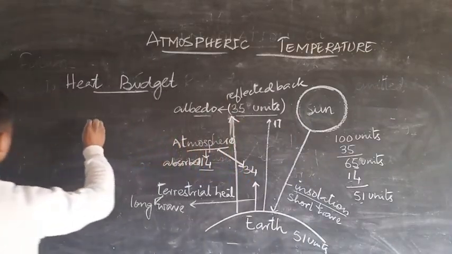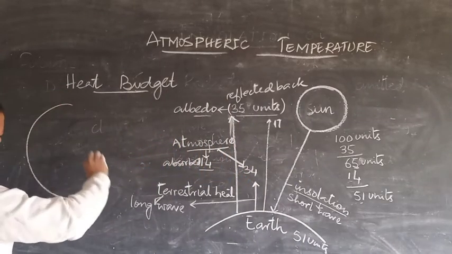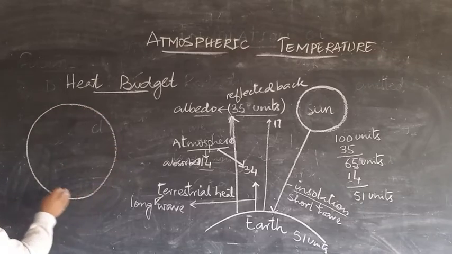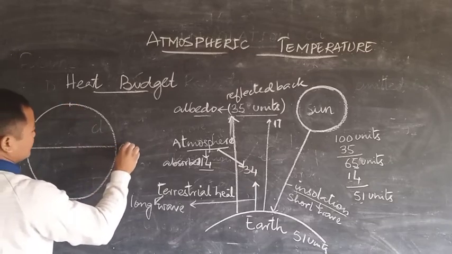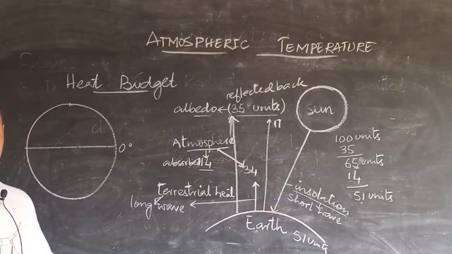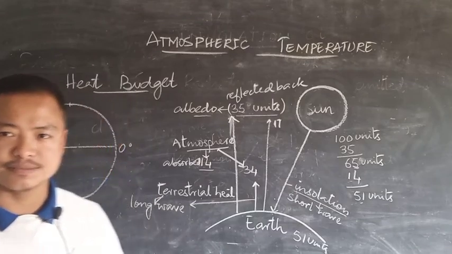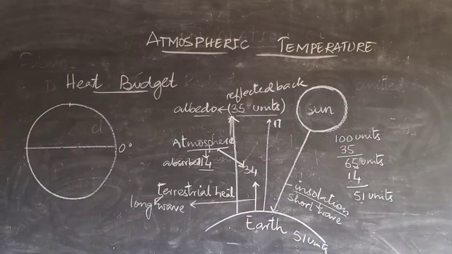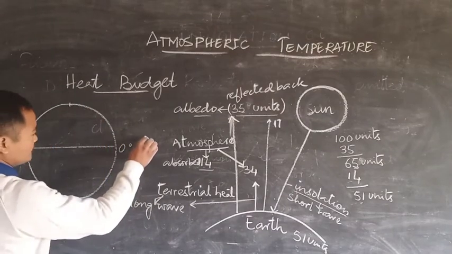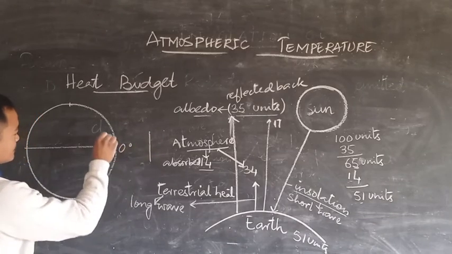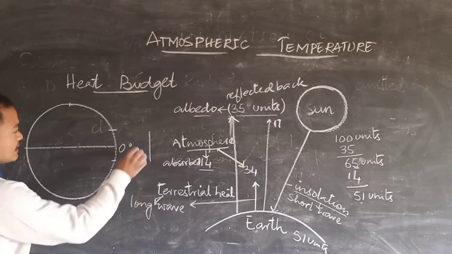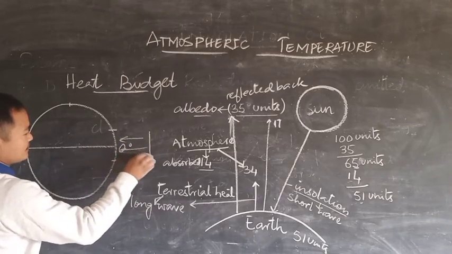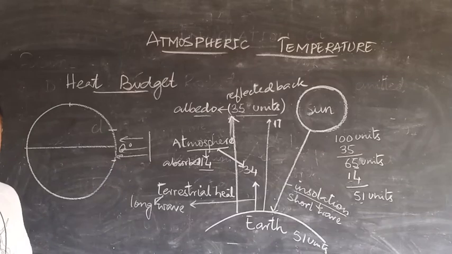So, if we look at the latitudinal factor, at 0 degree latitude or in and around 0 degree, the heat received, or the insolation received, is maximum because of the sun's movement between 23.5 degree north and south latitudes. So, these are the zones where maximum insolation is received as they are receiving the vertical rays of the sun.